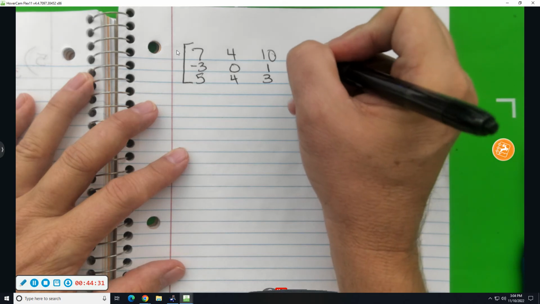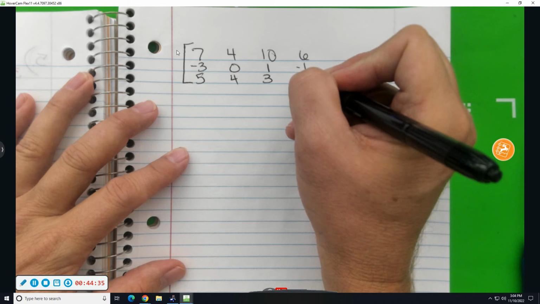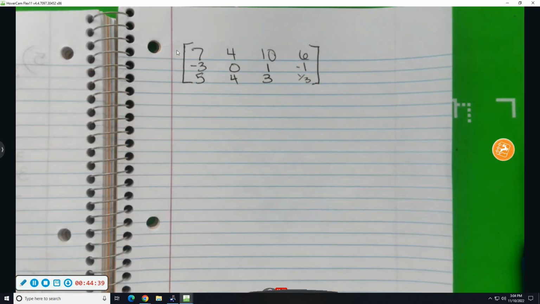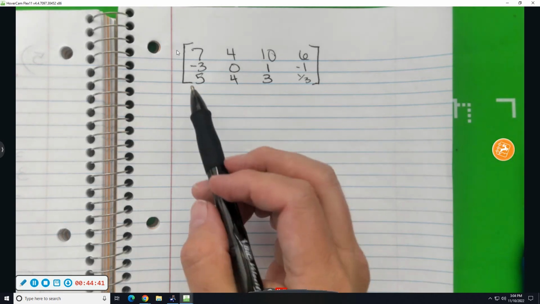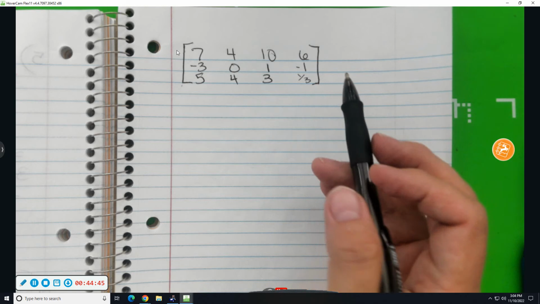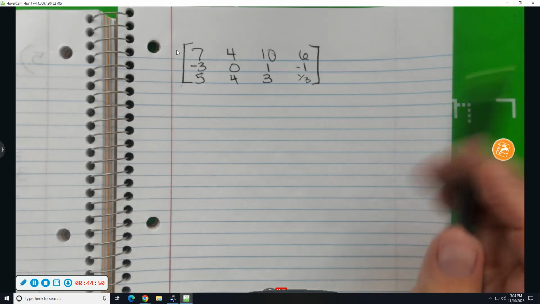Let's see, I'm going to put 6 and 1/3. Okay, there's an example of a matrix. Notice you enclose the matrix in rectangular brackets that are similar to the brackets that you use for interval notation.